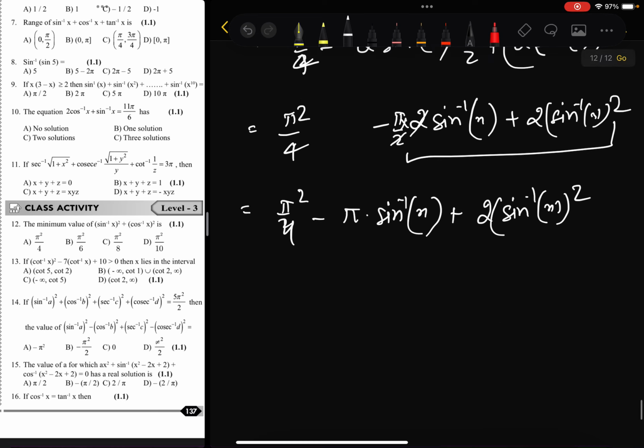Now we need to convert this into a perfect square.